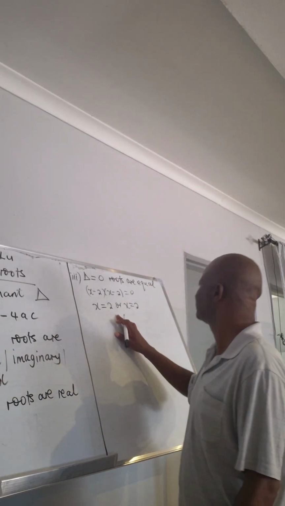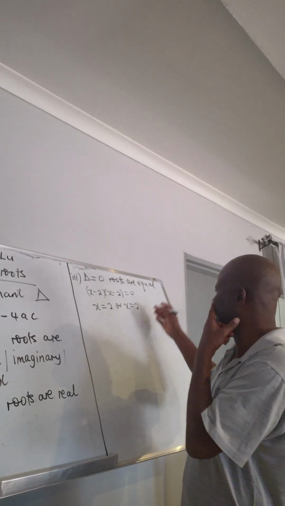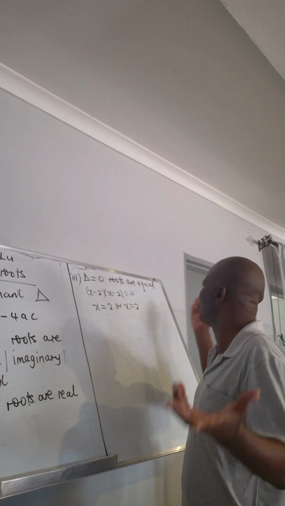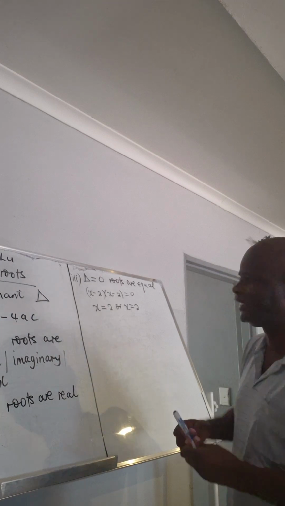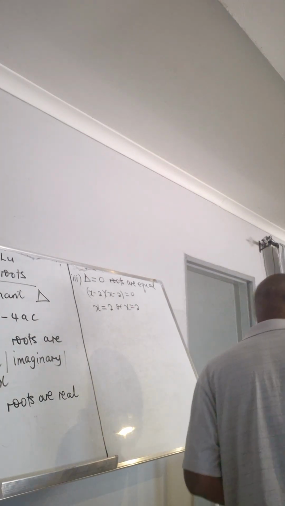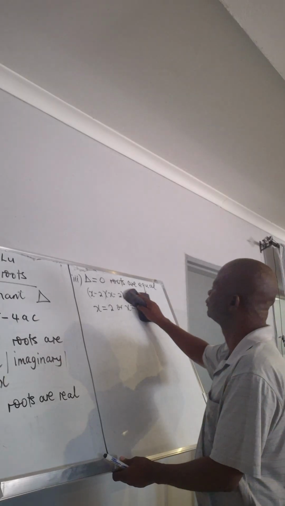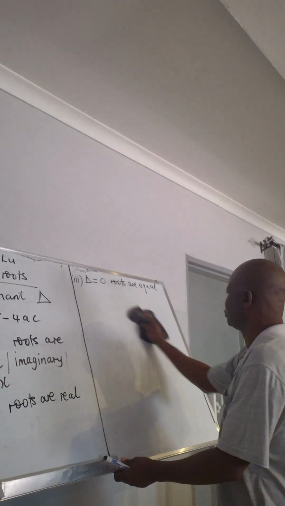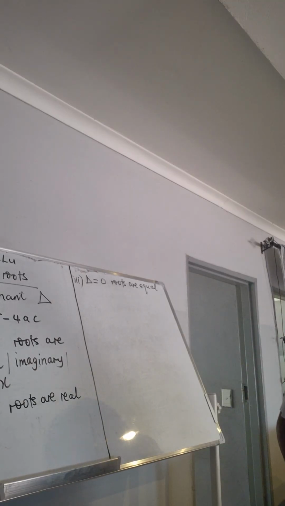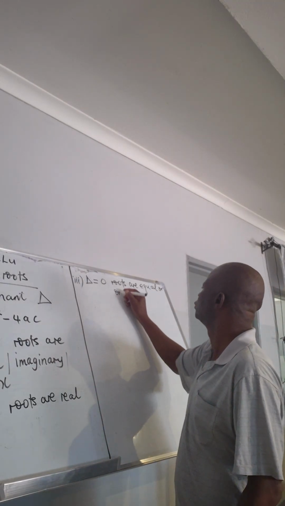Or in some cases, we will say it's one root, and that is the most appropriate one, because 2 is just a 2. So if the discriminant is equal to 0, it means it's one root, or roots are equal, whatever you want to say.